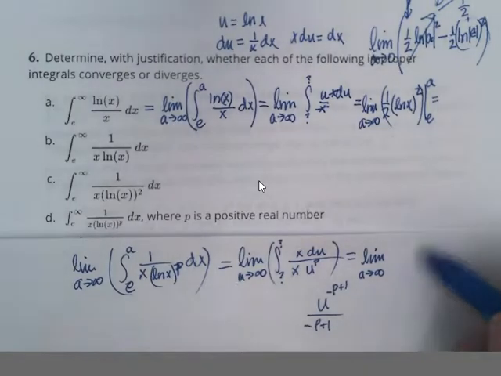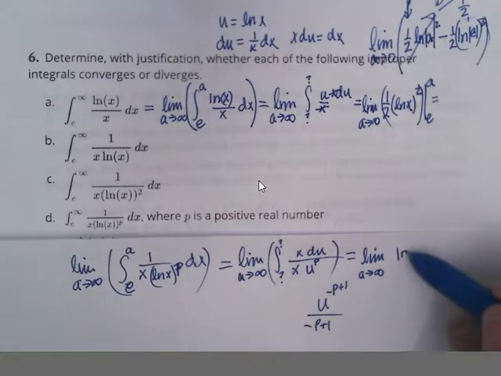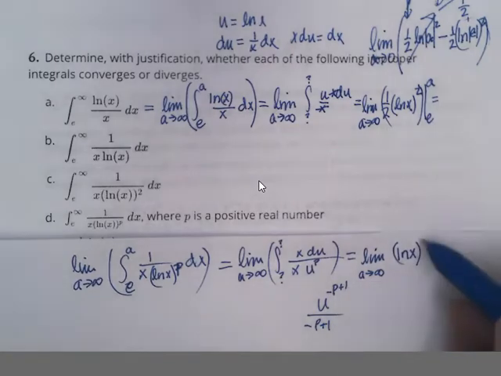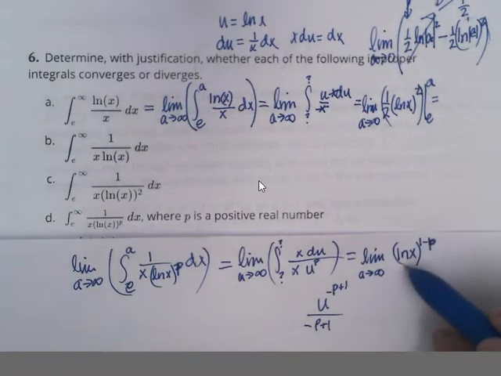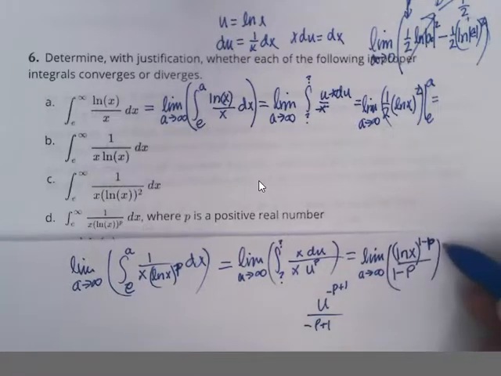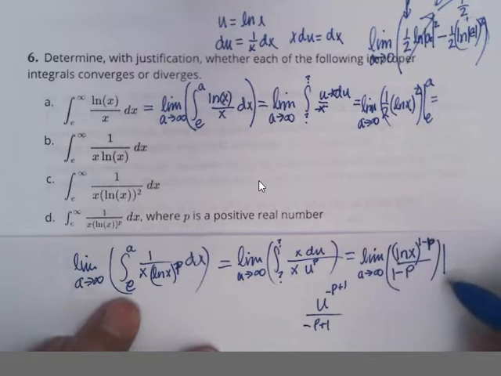So we get u, which is ln of x, to the 1 minus p over 1 minus p, evaluated from e to a.